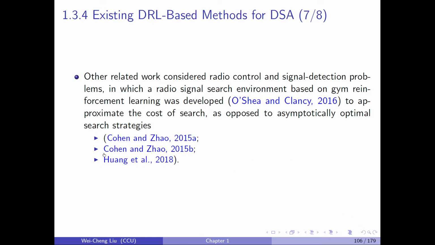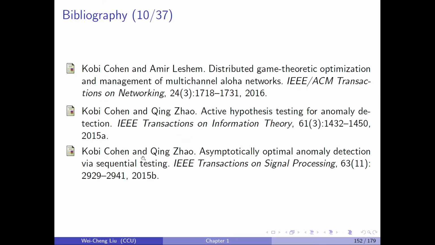Okay, the second one is Cohen and Zhao in 2015B. Okay, Cohen and Zhao, Asymptotically Optimal Anomaly Detection via Sequential Testing, which is published in IEEE Transactions on Signal Processing in 2015B.